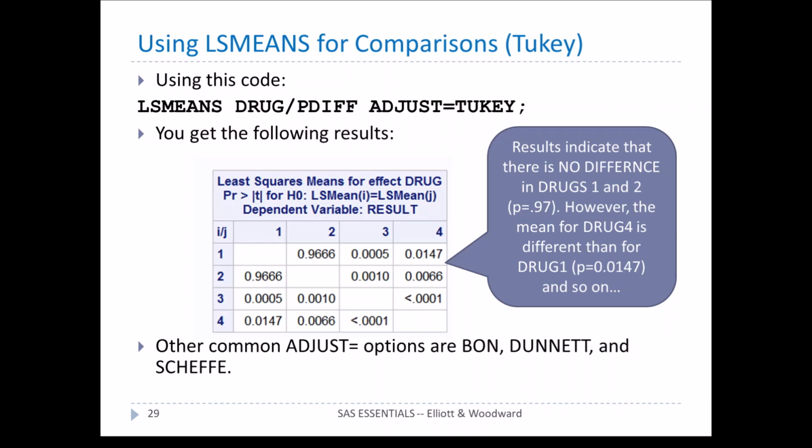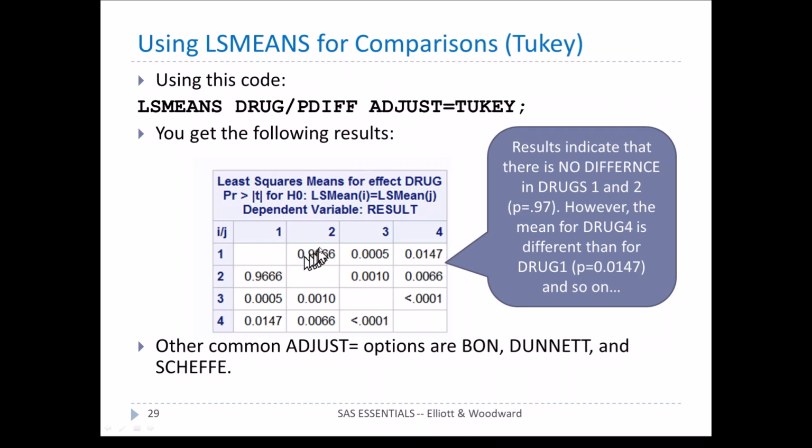All right, so we used the means statement, but let's use the least squares means statement, which we need to use for the PDIF. So LSMEANS drug PDIF, and the adjustment we're going to use is Tukey. Now in this case, we're again doing a pairwise comparison. So if we want to compare drugs 1 and 2, we get 0.966 as a p-value.